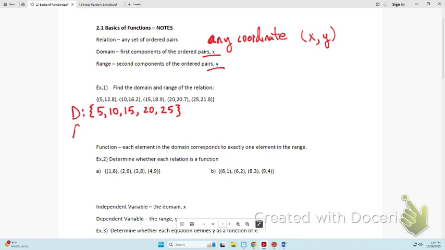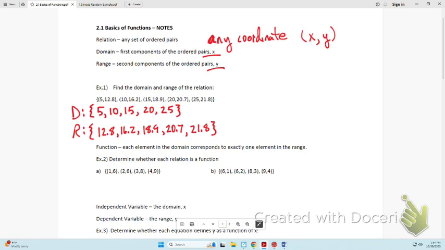For range, write a capital R, a curly bracket, and list all the y values. So I see a 12.8, 16.2, 18.9, 20.7, and 21.8.